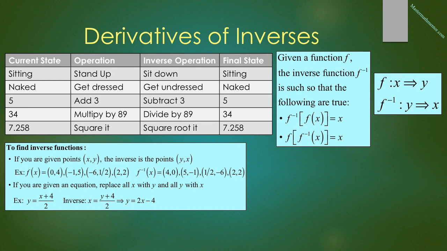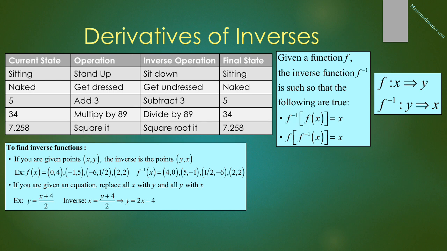If you are given points in the form x, y, the inverse is all the points y, x. So if f of x are the points (0, 4), (-1, 5), (-6, 1/2), and (2, 2), then the inverse function is (4, 0), (5, -1), (1/2, -6), (2, 2).